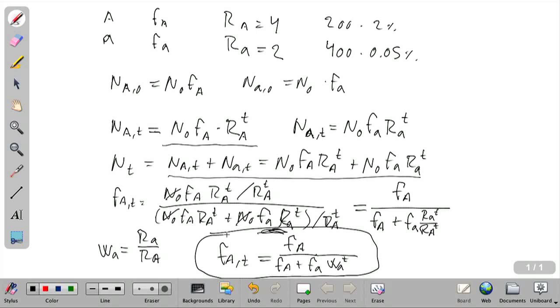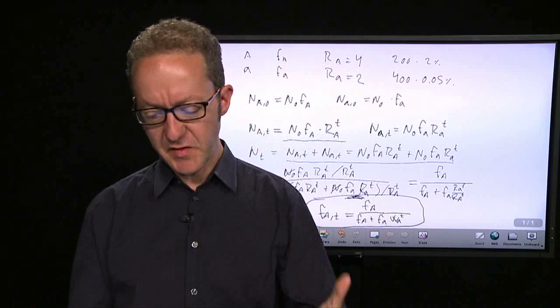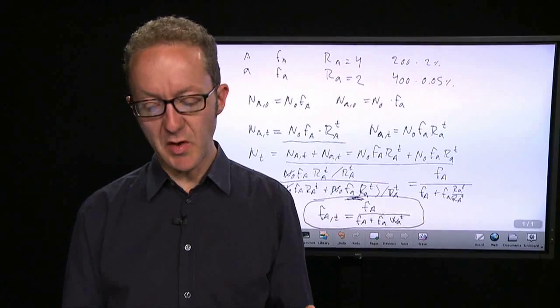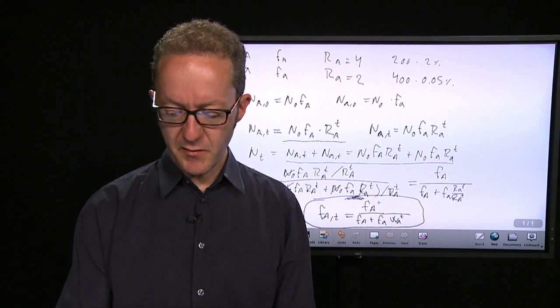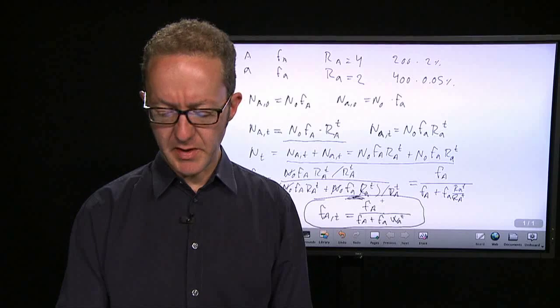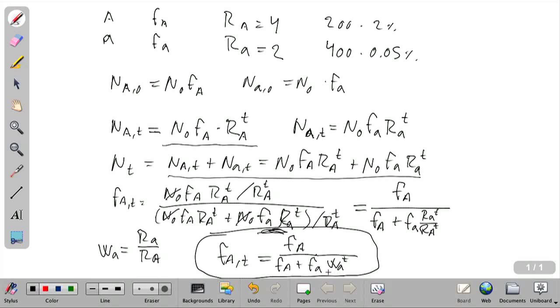So what is this expression telling us? This expression is telling us that after t generations, the frequency of uppercase A can be found from the initial frequencies of uppercase A and lowercase a, and from the relative fitness of lowercase a relative to uppercase A.